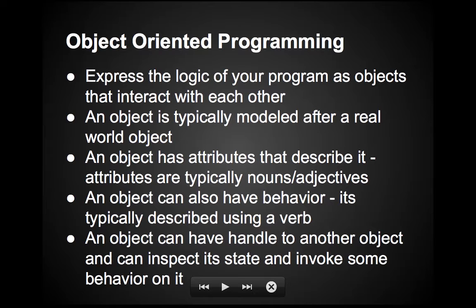A lot of times, when you create an object-oriented program, you have a lot of these objects living inside that program, and one object can have a handle to another object. By having a handle to another object, we essentially mean that one object knows about another object, and if it wants, it can see what its state is, and it can invoke some behavior on it.